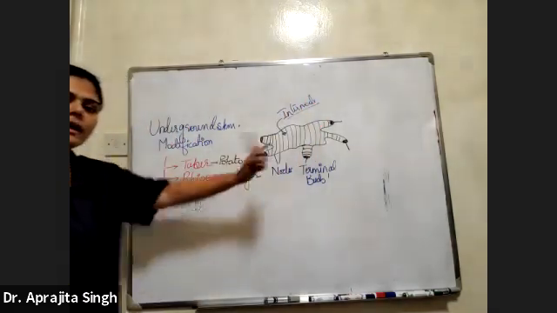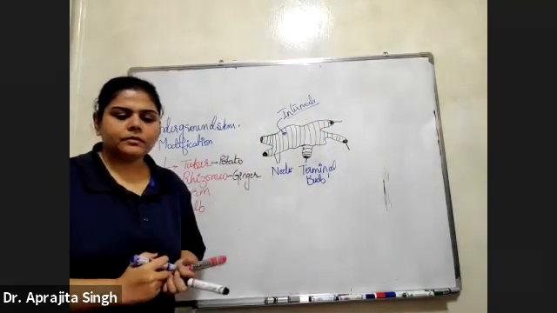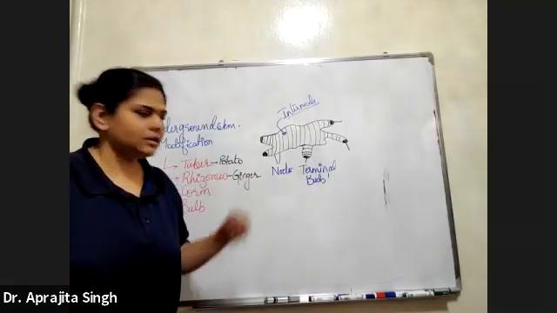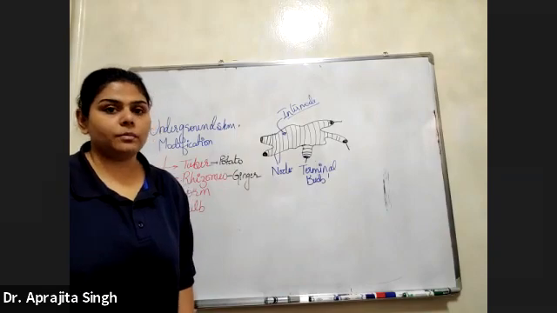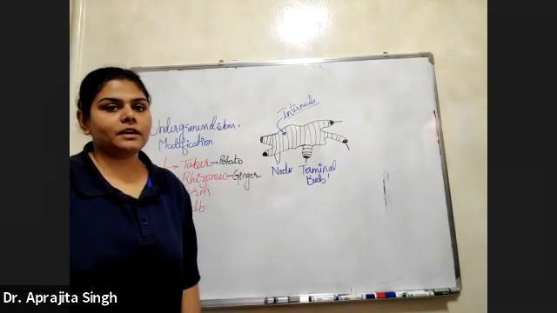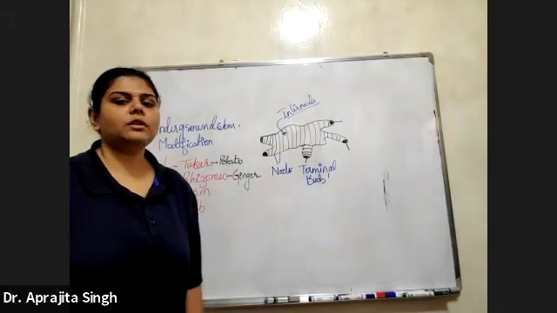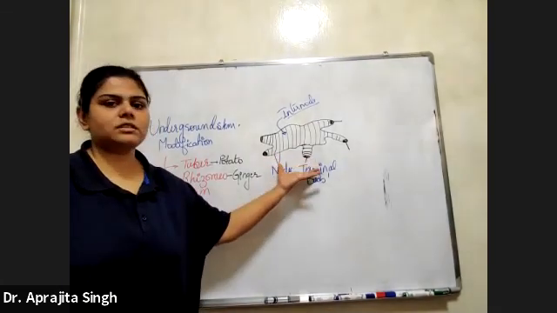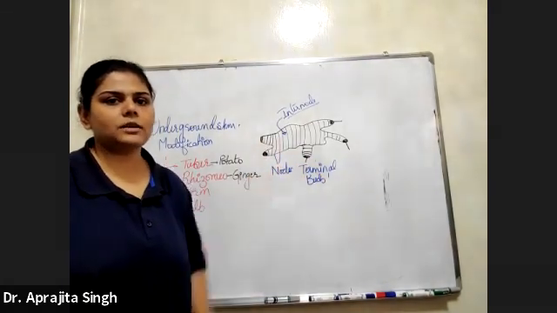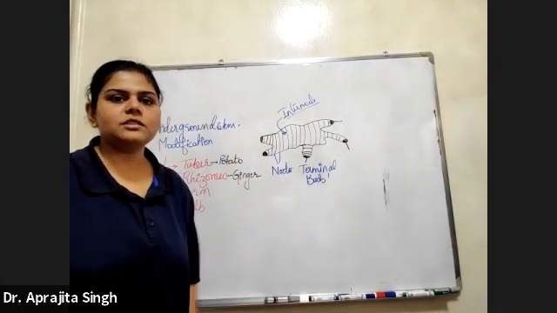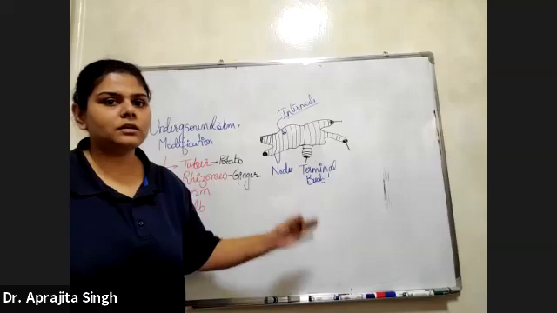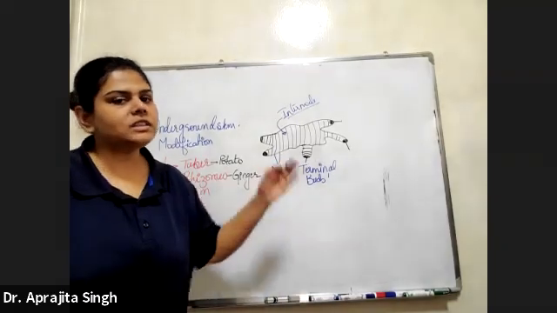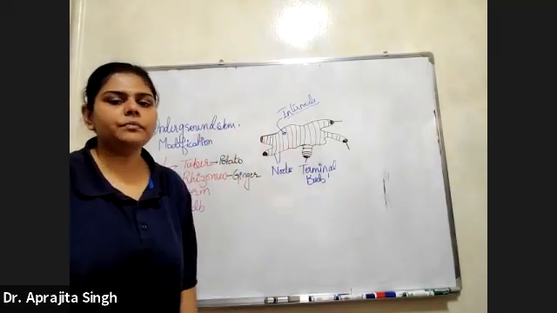See, again, it's a stem. You don't have to learn anything. Just remember ginger is the example of rhizome, underground stem modification. You have to remember the structure. Maybe they can give you this type of structure and you just select the correct option. If they give you the ginger, then it's a ginger. If they give you the rhizome, it's a rhizome. If they give you the underground stem modification, then it's the underground stem modification.